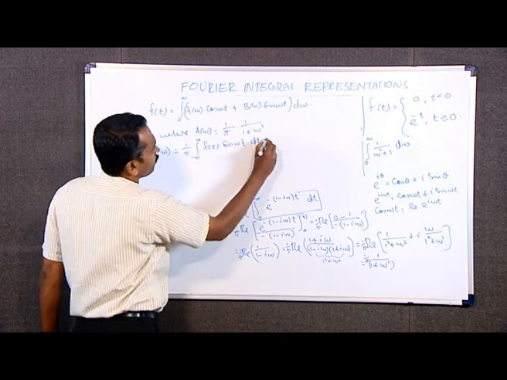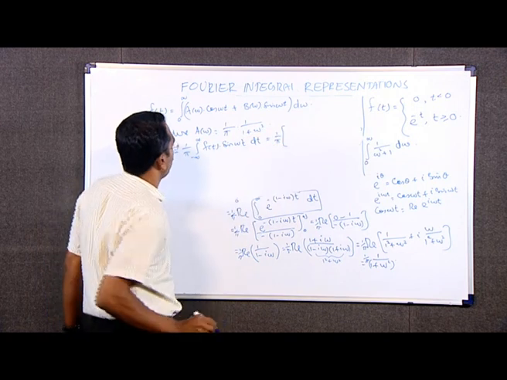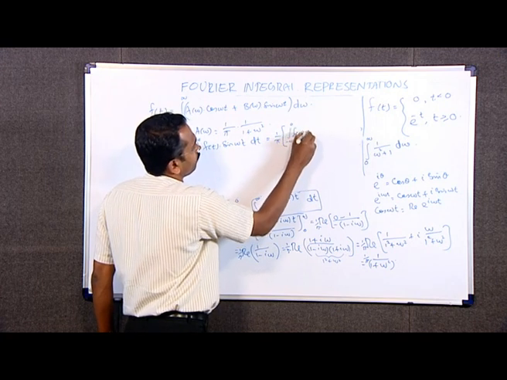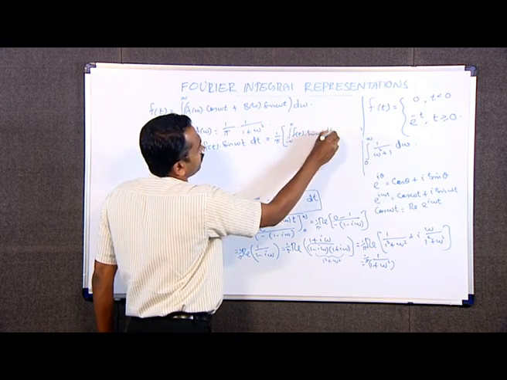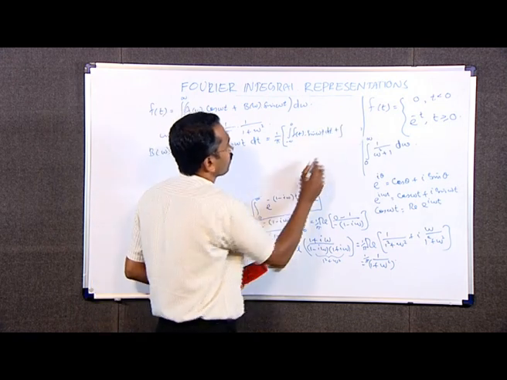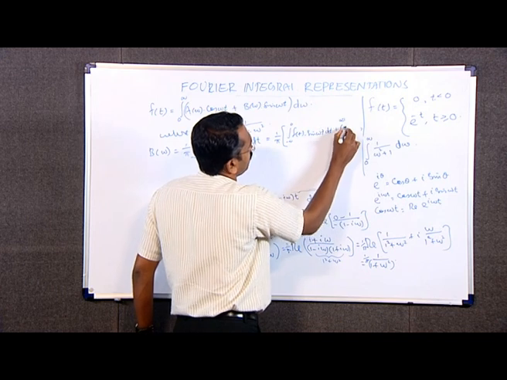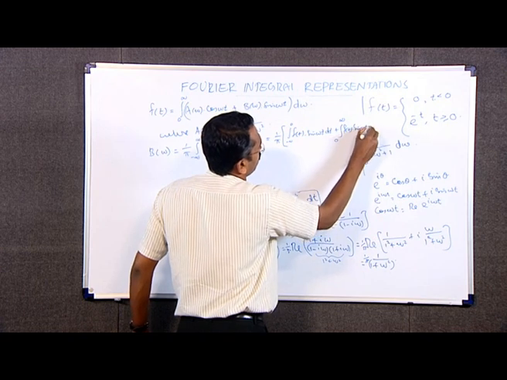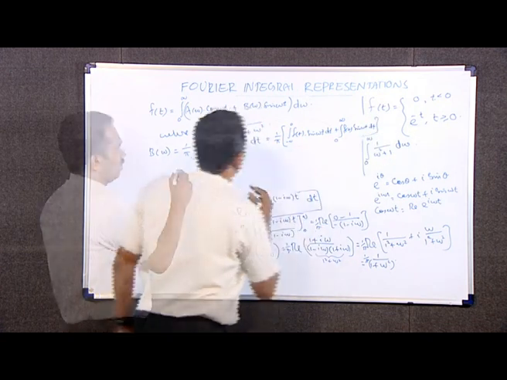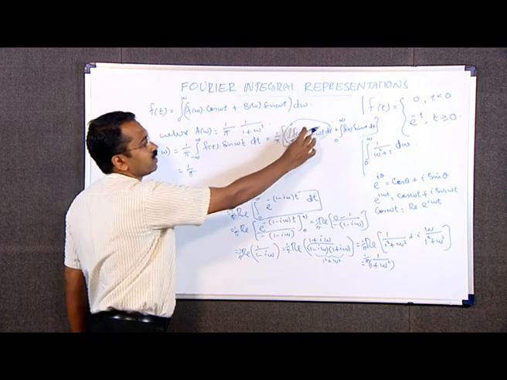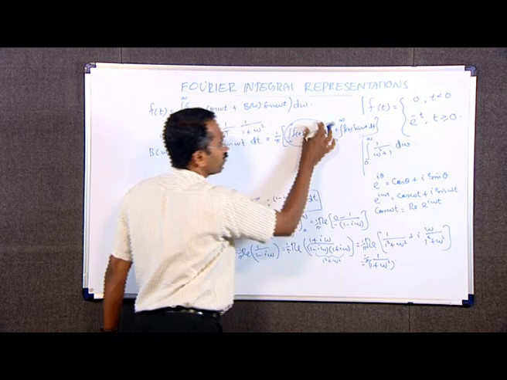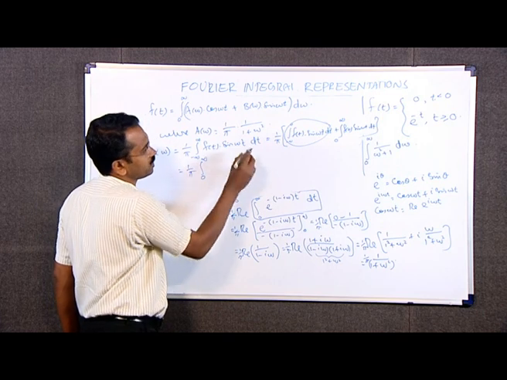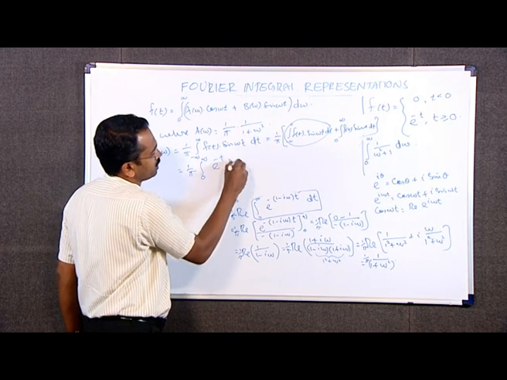Therefore, this is equal to 1 by pi into integral from minus infinity to 0 f of t into sin omega t dt plus integral from 0 to infinity f of t into sin omega t dt. That is 1 by pi into, in this case the function is defined as 0, therefore this will become 0, and this integral is integral from 0 to infinity e raised to minus t into sin omega t dt.